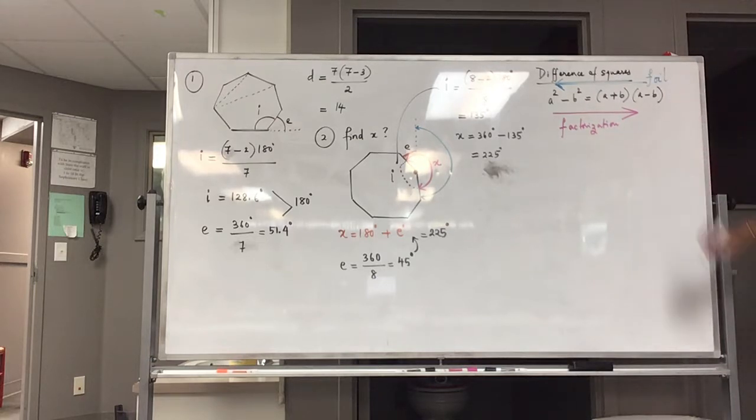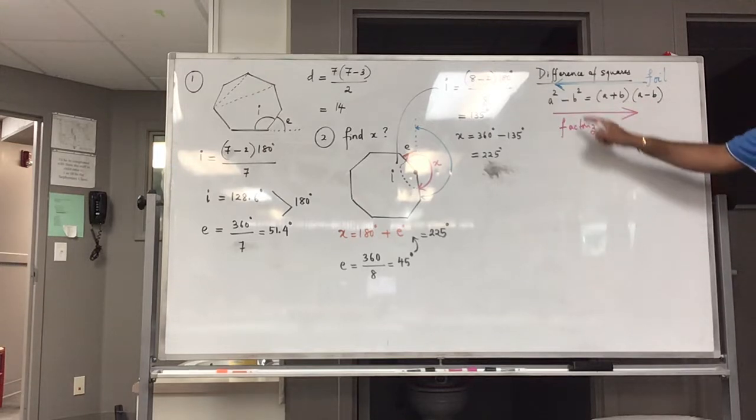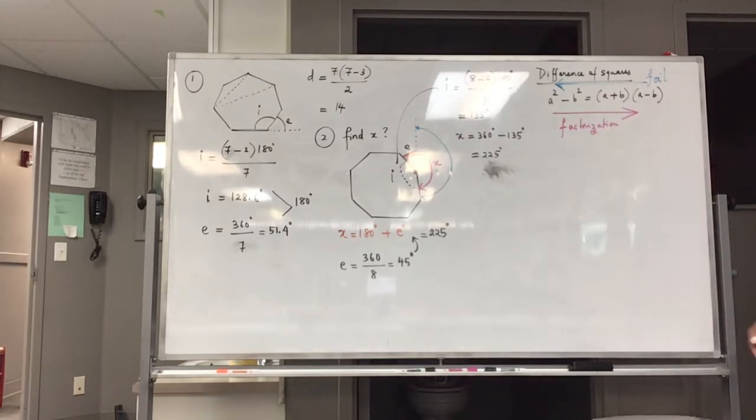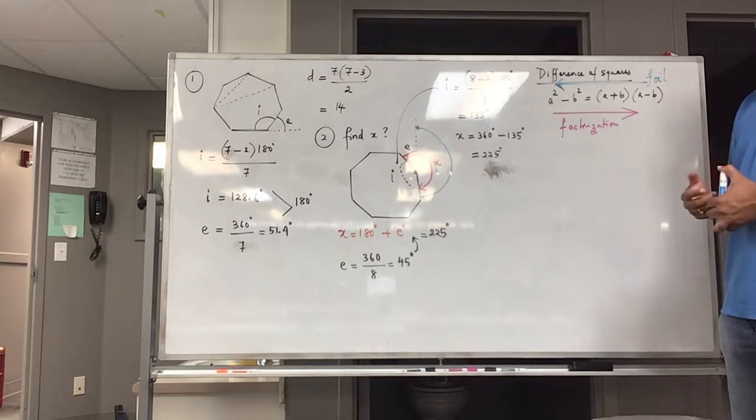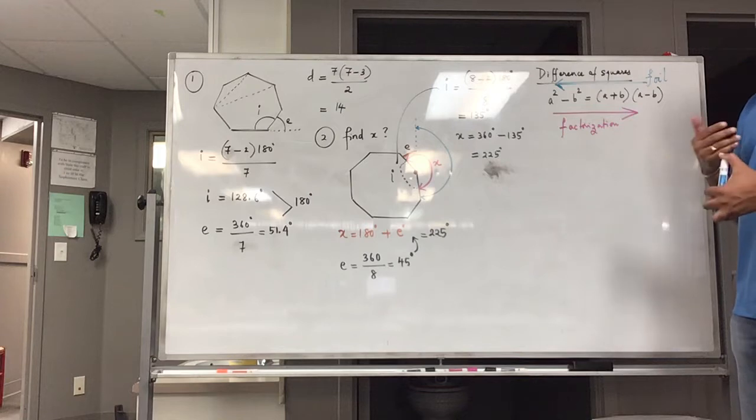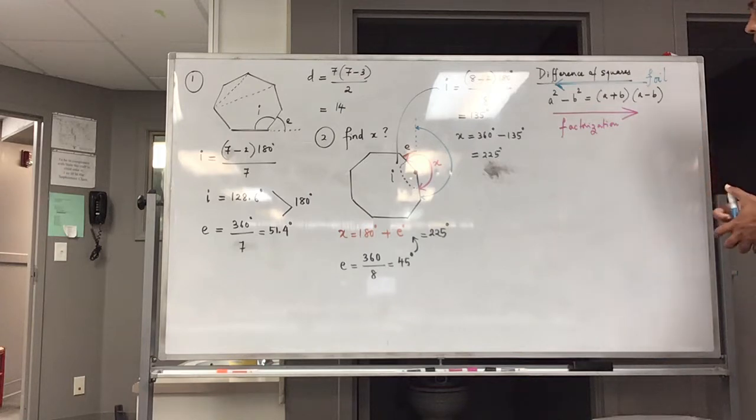FOIL, or distribution. So if I distribute this, I get this. If I factorize, I get this. Make sense? These are the terms you have to know. So factorization and distribution are opposite operations in mathematics.